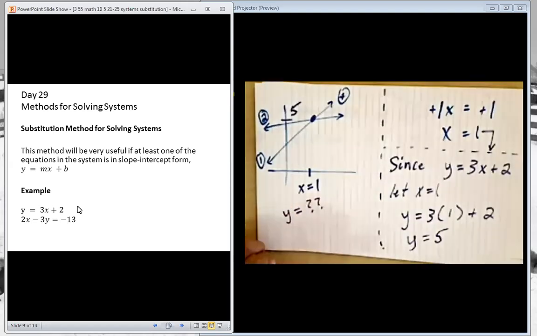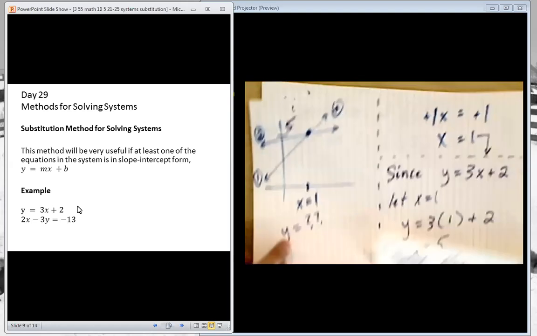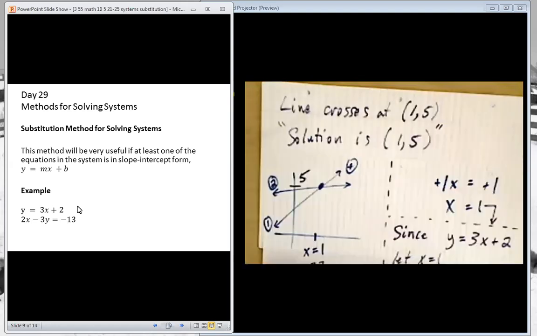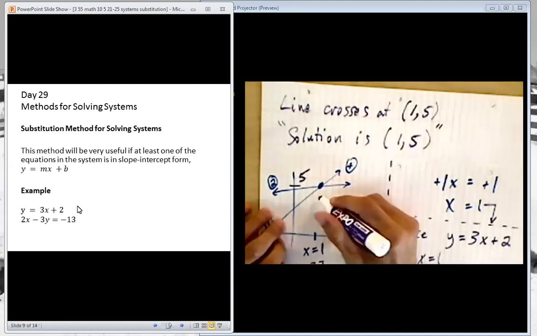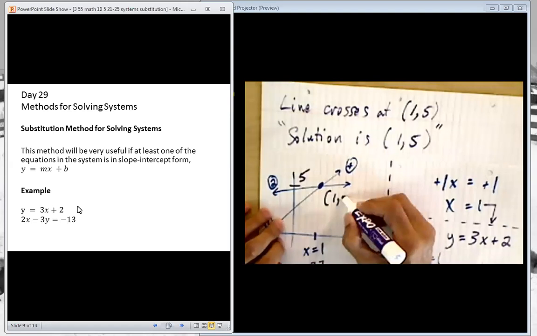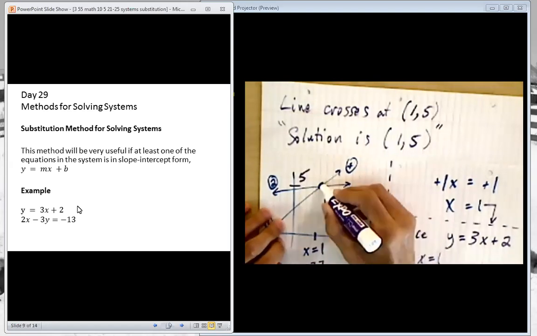So to sum it up, the location that we were looking for has the values of 1 and 5. 1 comma 5. This point has the coordinates of 1 comma 5 right there.